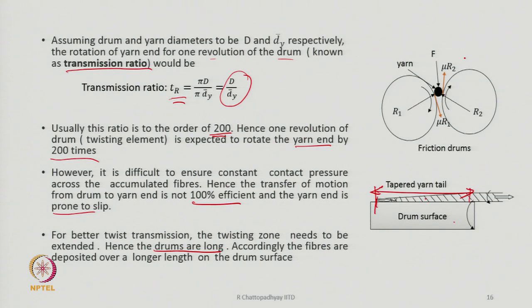And this is the diagram we have already discussed, the friction drums. This is the yarn cross section, and mu r 1 and mu r 2 are the two frictional forces resulting in development of torque in the yarn cross section. That is leading to twisting of the yarn.